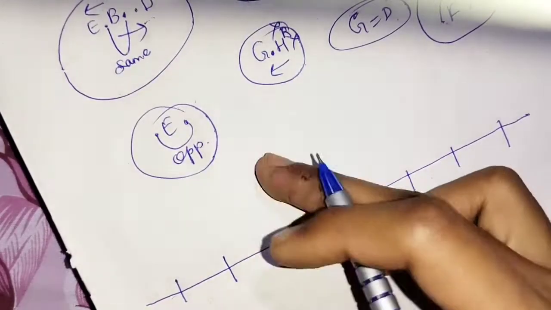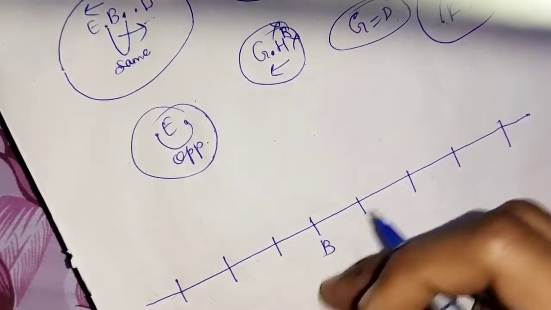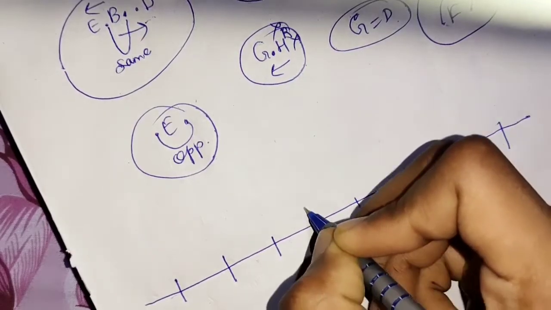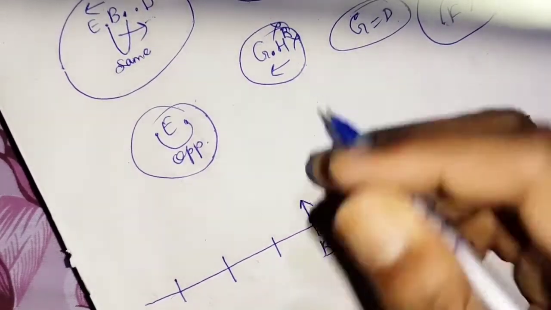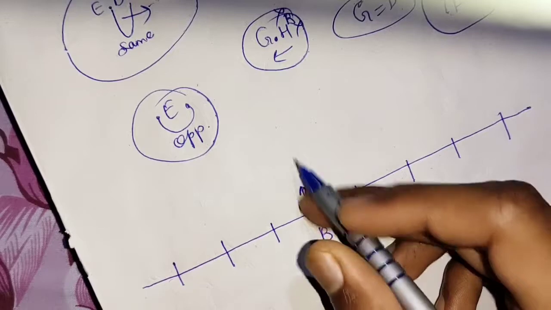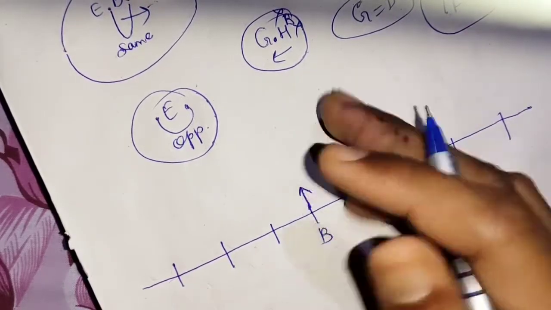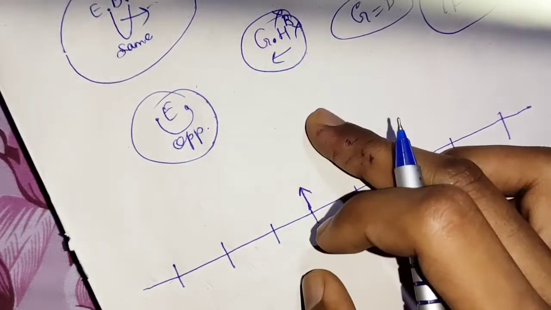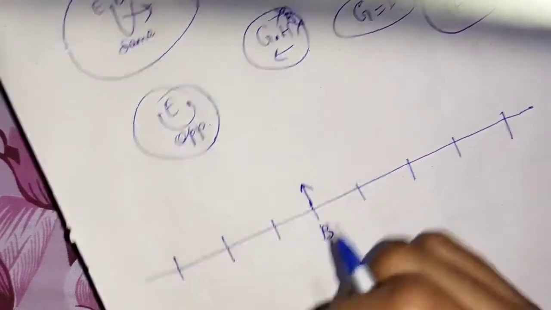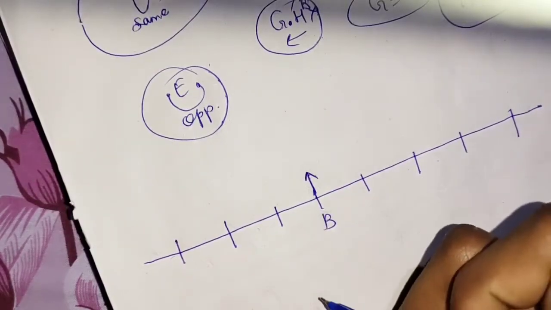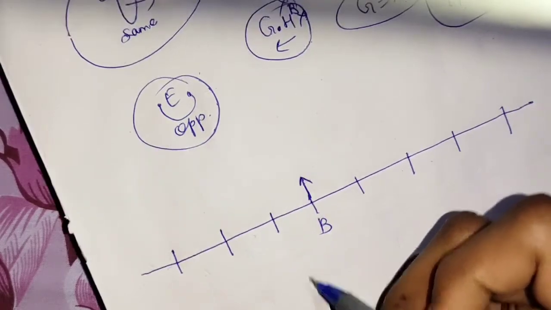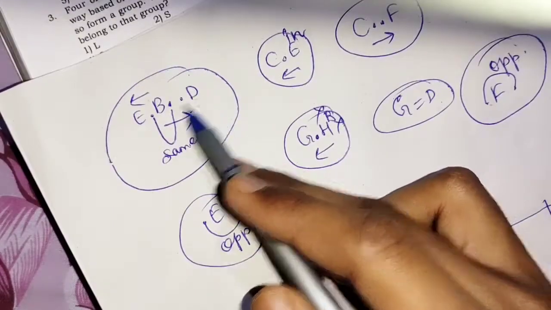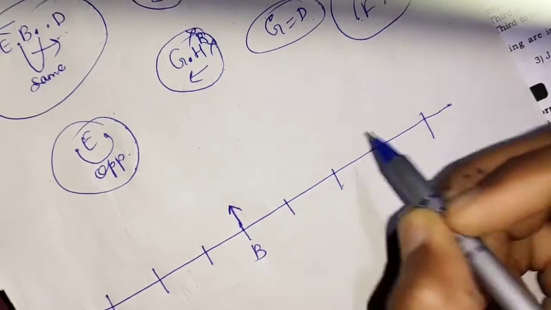Since we don't know which direction is which, we will take the normal direction which we are habituated to taking, facing upward. Till now we don't know whether this is facing the center or outward. So we have taken the direction as upward, and D is third to the right of B. So first right, second right, and D will be placed here.